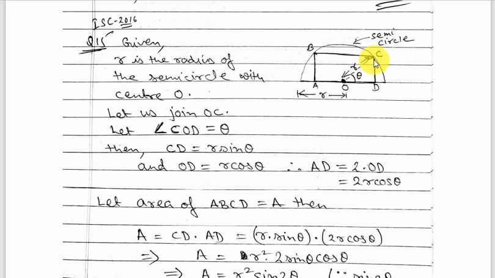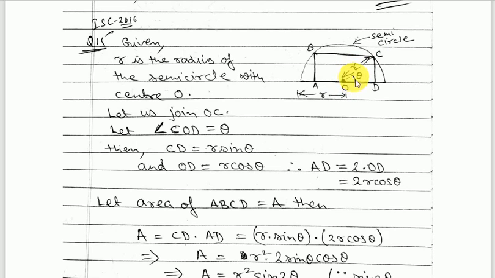Here you can see that in this rectangle, the corners A and D are on the diameter and the other two corners are on the circle. When I join the center and C, OC is nothing but the radius.